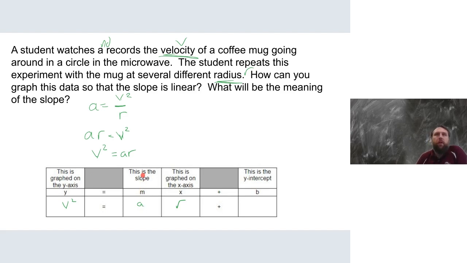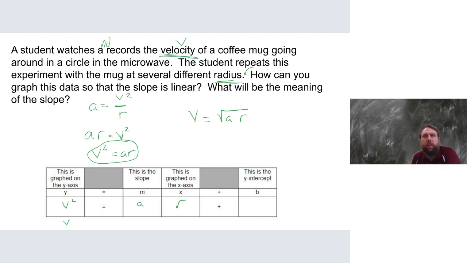There is another option. What if I took this formula and I took the square root of both sides? Well, I get v, because the square root of v squared is v, equals the square root of a r. Well, I can graph that as well.